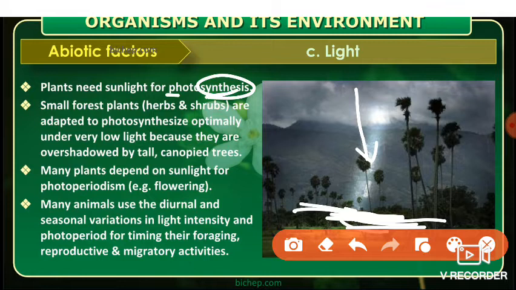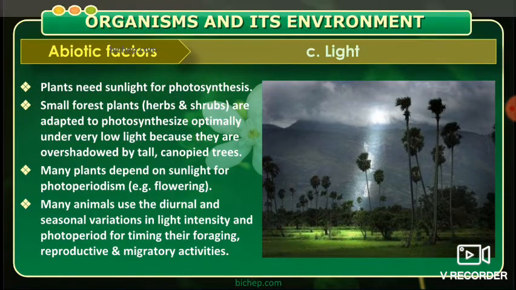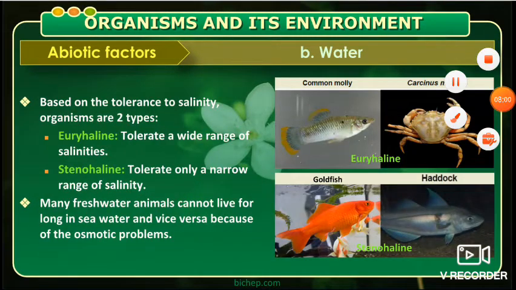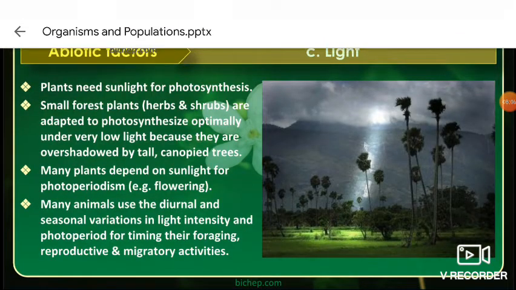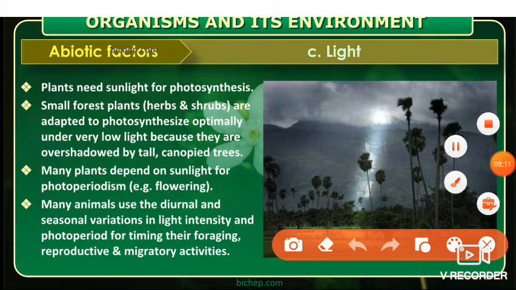Up to the earth they will not pass the light. These are very few in number. But if you take the larger number of plants, the shrubs and herbs, these are the small plants.